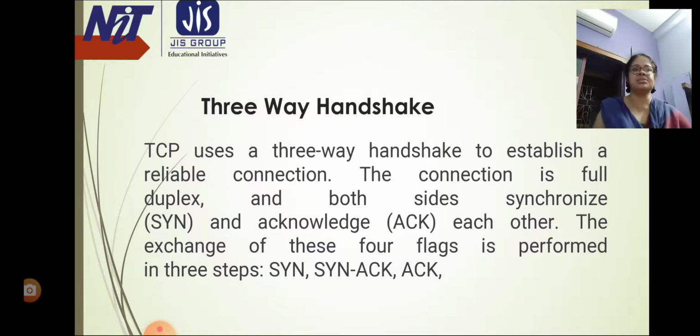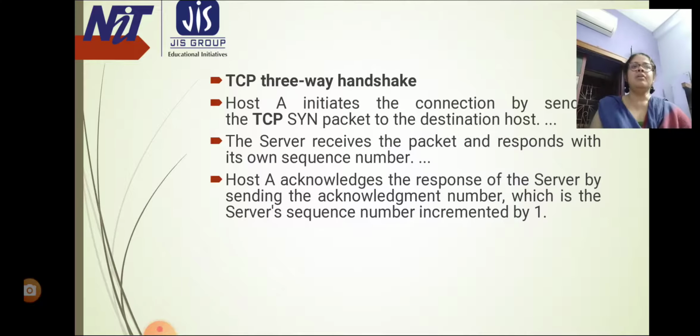Acknowledgement number is required since TCP provides full duplex service. Acknowledgement number is the next byte number that the receiver expects to receive, which also provides acknowledgement for receiving the previous byte. Now we will come to three-way handshake.